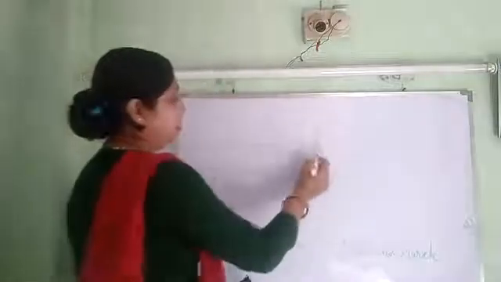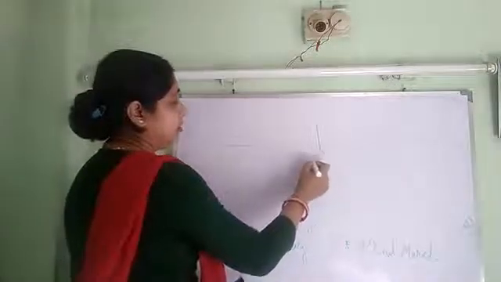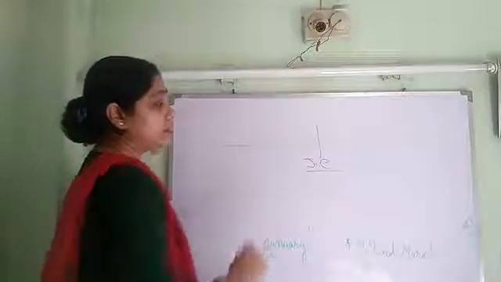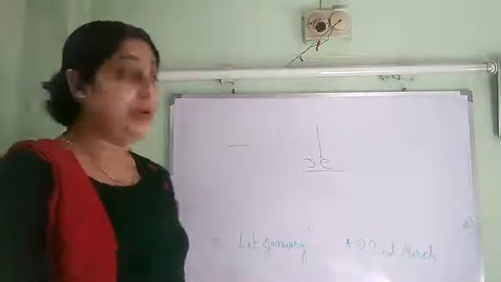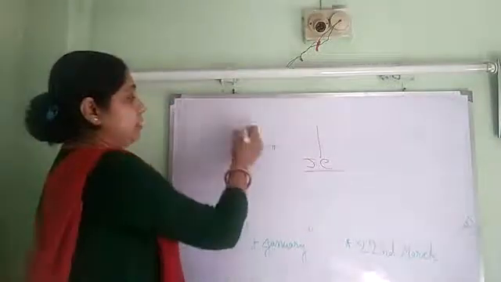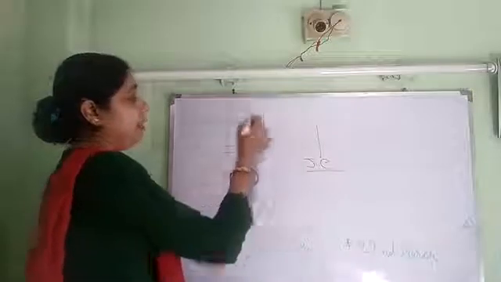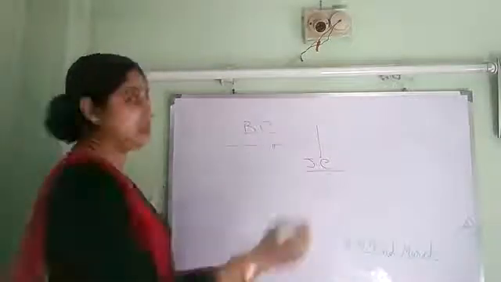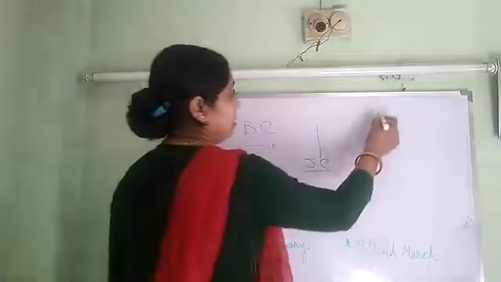Suppose this is Jesus Christ's birth. Before Jesus Christ's birth is known as BC, and after the birth of Jesus Christ it is known as AD.